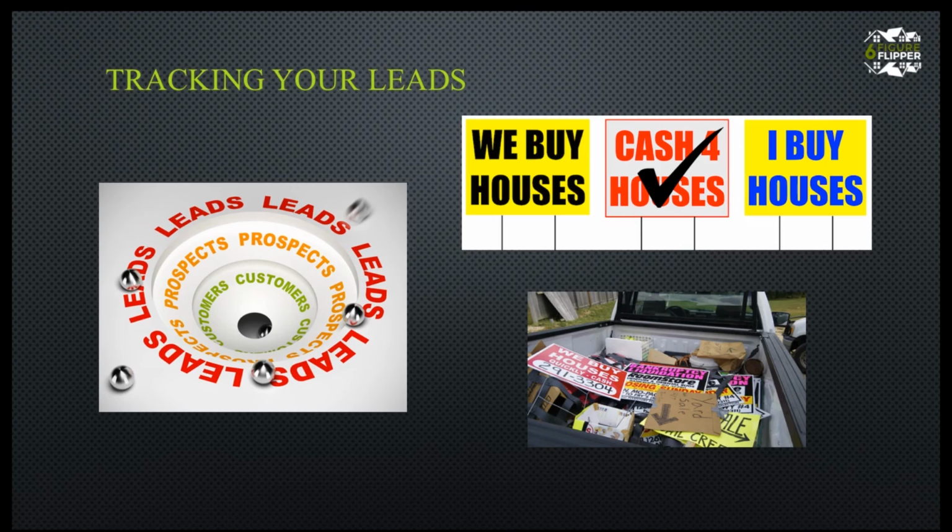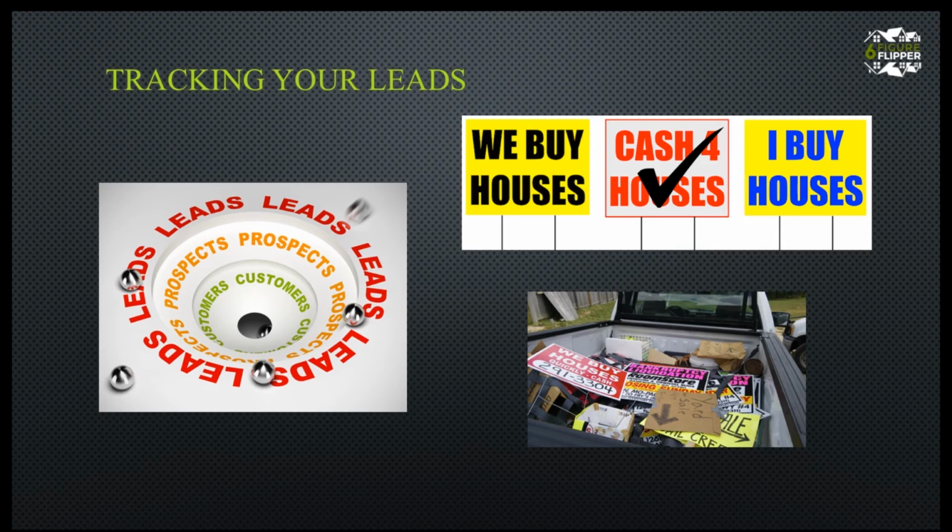So remember, signs might need to be replaced as early as 1 day after posting, or up to 2 weeks is generally the recirculation time frame of going back out on the route to see which ones have been taken down or damaged. Signs can be removed by other investors, by the city, town, or municipalities, the sign Nazis, as I like to call them, or neighbors that just don't want that sign cluttering up their neighborhoods.